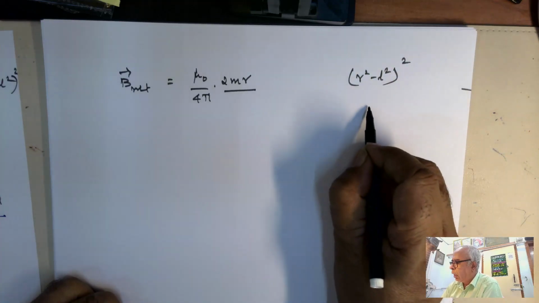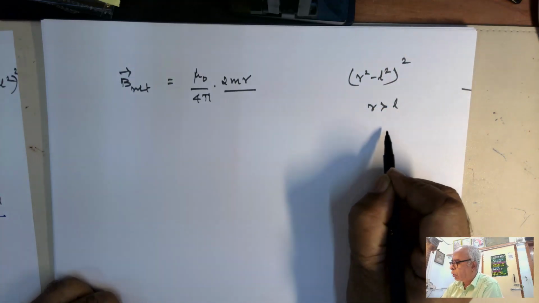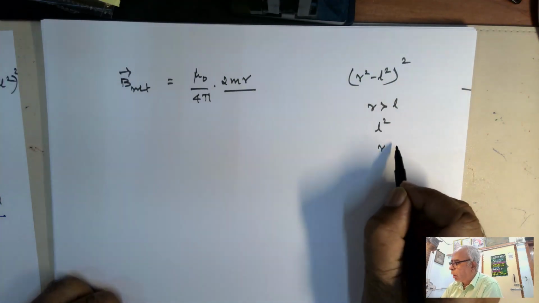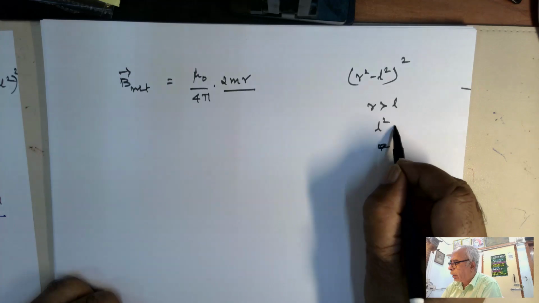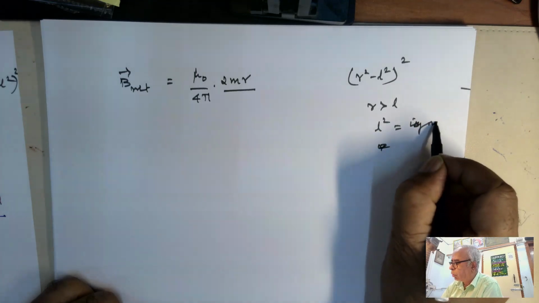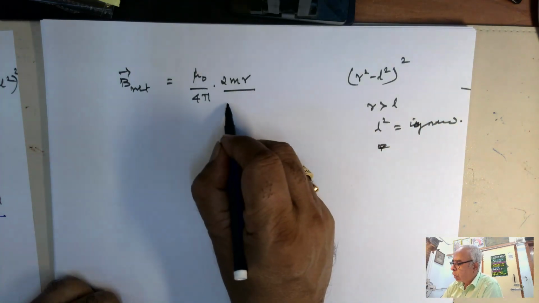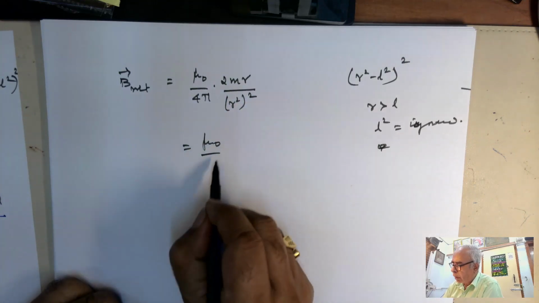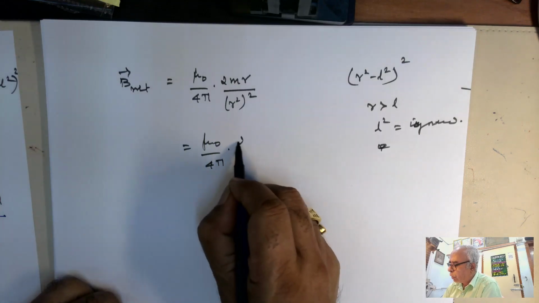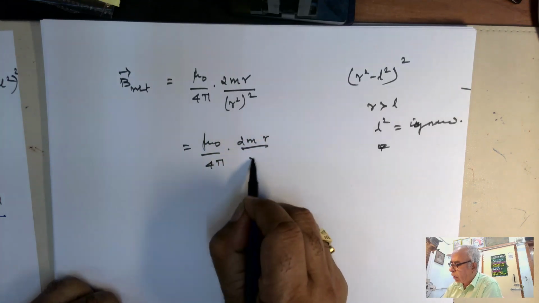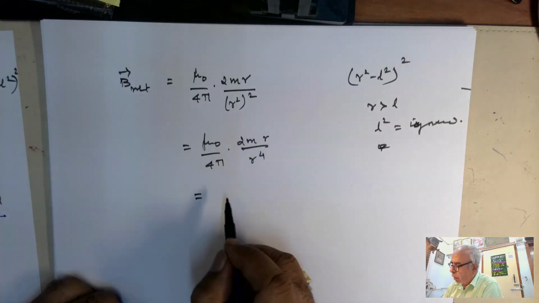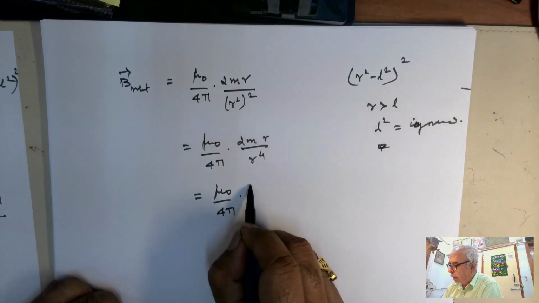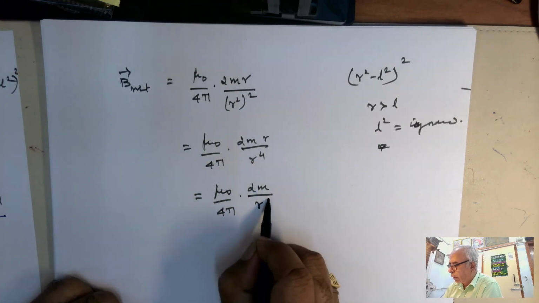I said r is much greater than l, therefore l squared is very small and is ignored here. So it becomes (r squared) whole squared. Okay. So it means mu naught divided by 4 pi into 2mr divided by r power 4. It means mu naught divided by 4 pi into 2m divided by r cube.